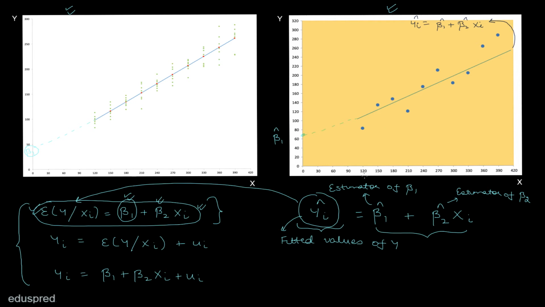So for example, when x is 120, then this blue dot gives you the actual value of y. So this is the first actual value of y, and for this x value, this line is giving you this value. Okay. This is the fitted value.